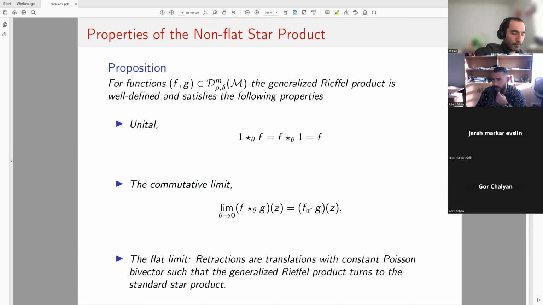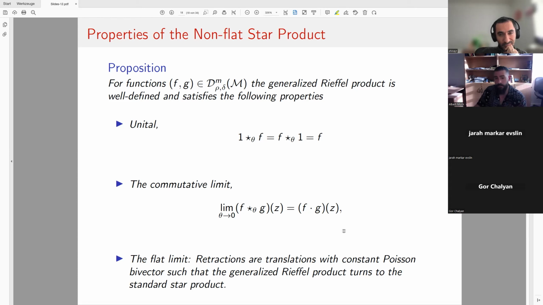It has a commutative limit, which is important for me because it is part of the definition of a star product, but also in regards to quantum field theory because, as I said, I want the zero order to be QFT in curved spacetimes, and this will take care of this.